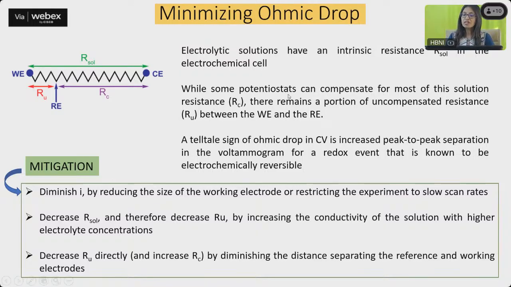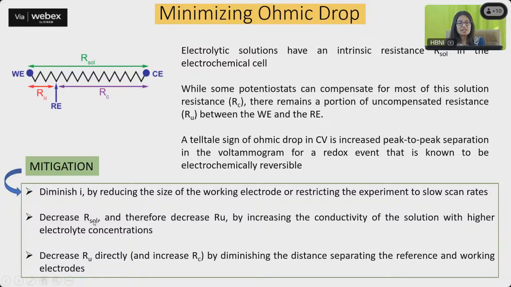While some potentiostats compensate for most of the solution resistance, there remains some uncompensated resistance between the working electrode and the counter electrode. How do you know that there is an ohmic drop happening? Because you will see a peak to peak separation in the voltammogram for an event which you know is actually electrochemically reversible.